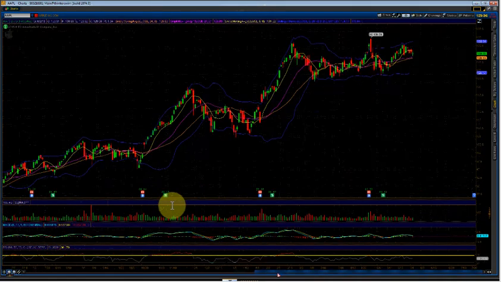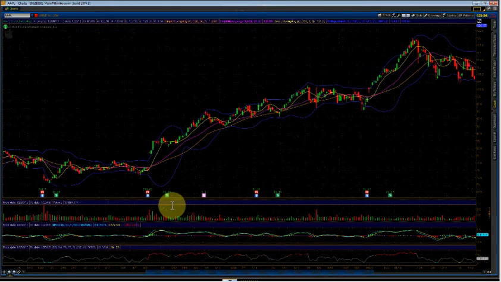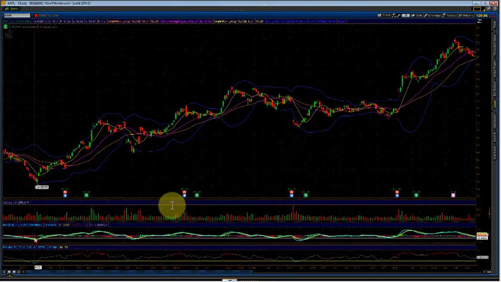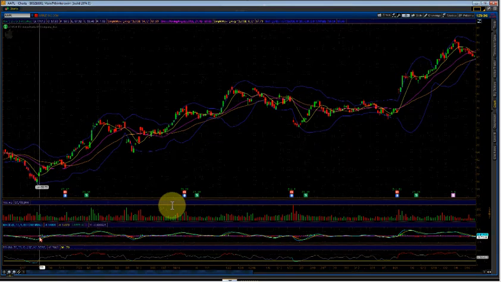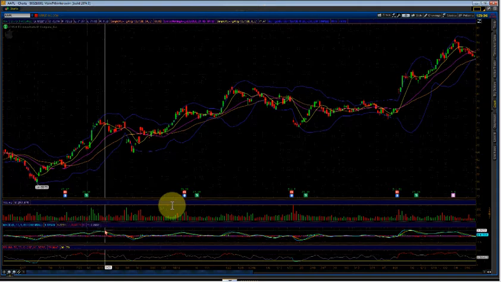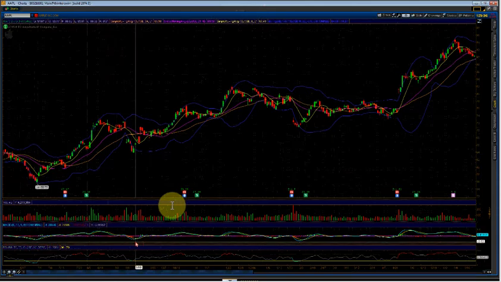I'm going to zoom this in just a little bit. We can look at some things on the daily chart. When the MACD crossed over, if I'd have bought, could I have made money by the time it told me to sell? Well, yes. When it crossed over to the downside, could I have made money by the time it told me to sell?